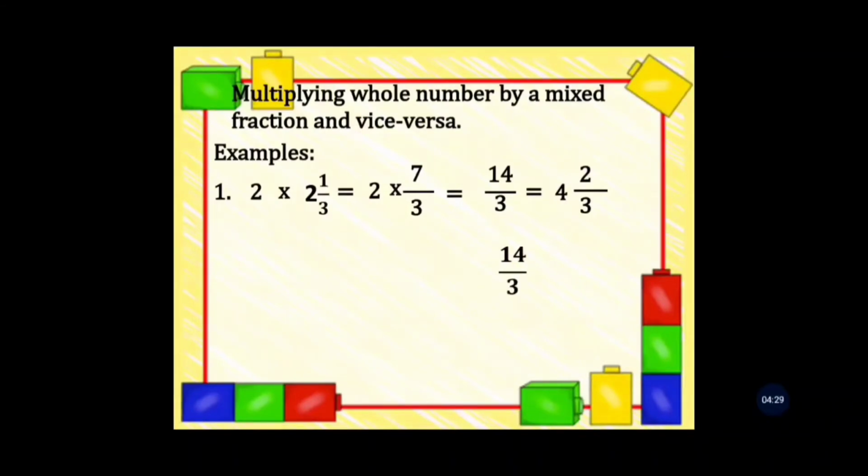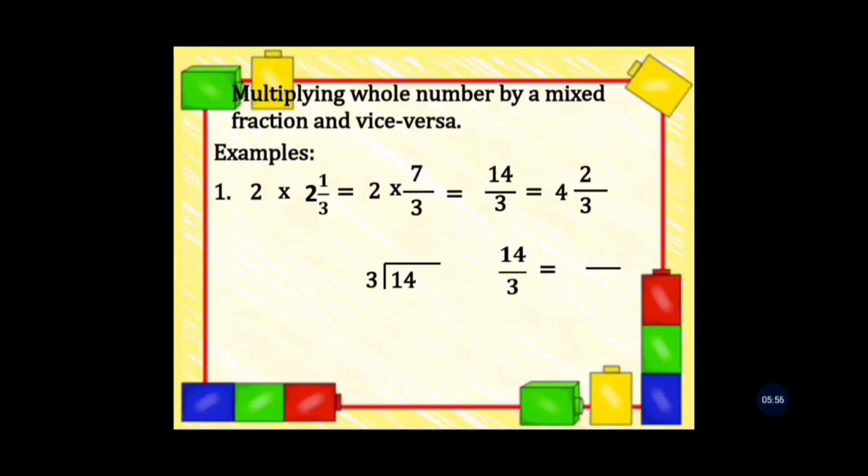Next, itong pamamaraan naman, pwede naman yung gamitin. This time, we are going to divide 14 divided by 3. Okay? So, let us have now an equal sign, then a fraction sign. Let us have a division sign. Then, we are going to divide 14 divided by 3. So, ilalagay natin yung 14 dito as dividend. Then, ilalagay din natin ang 3 as divisor.